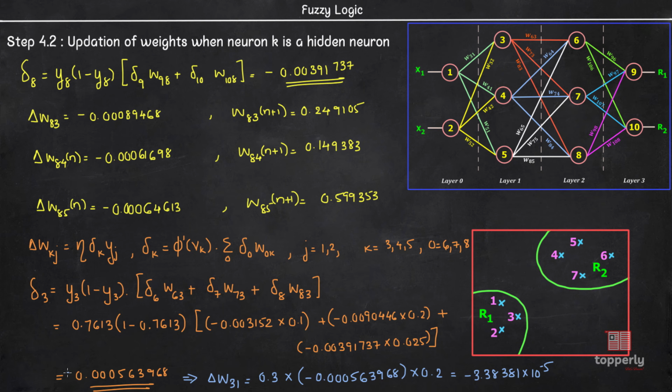Sorry, here also I missed a minus. Okay, this gives us W31 of n plus 1 is equal to 0.499961.